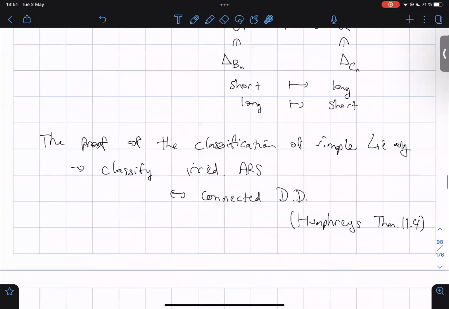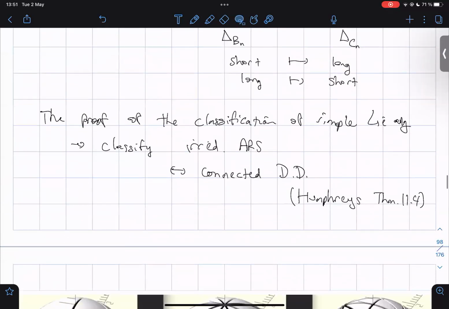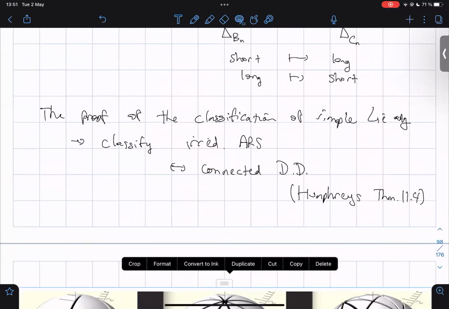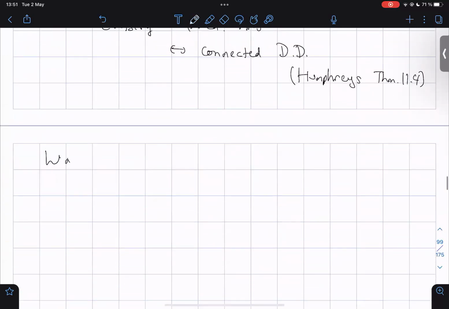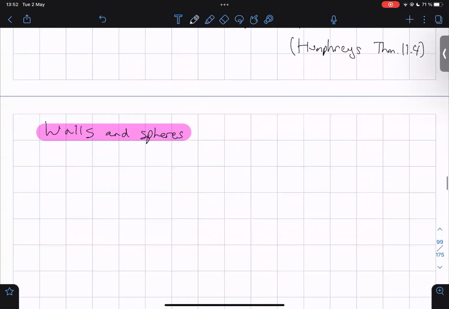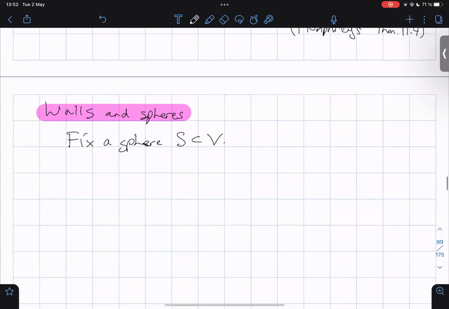Let's see. Just a sec. I'm going to write a little note here first. Walls and spheres. Fix a sphere centered at the origin.